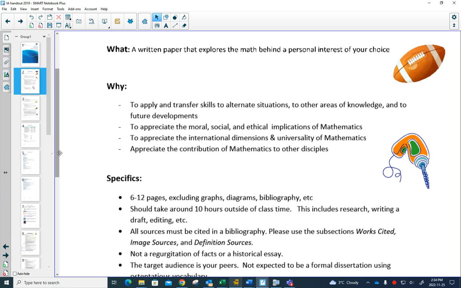So as far as long-term learning goes, there's going to be a lot of long-term learning. And the hope is to appreciate moral, social, ethical implications of math. The why is not to develop a hate for writing papers about math. That's not the goal. So we want to gain some sort of appreciation.